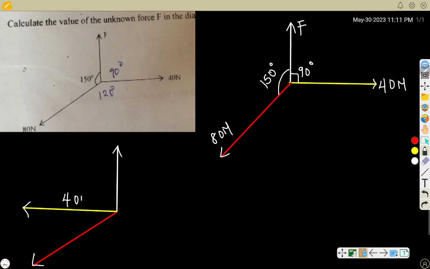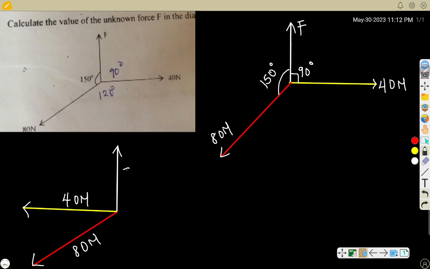So this will also be 40 Newton, to be equivalent to this equilibrant. Remember, equilibrant is equal in magnitude to resultant but in opposite direction. So this is 80 Newton.